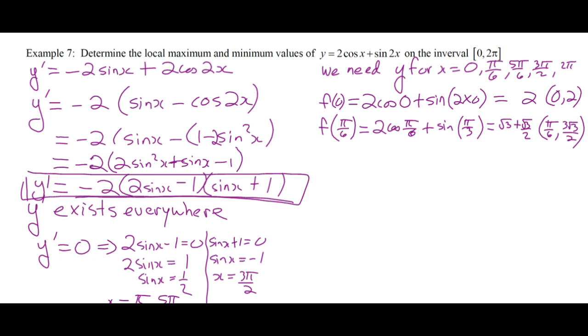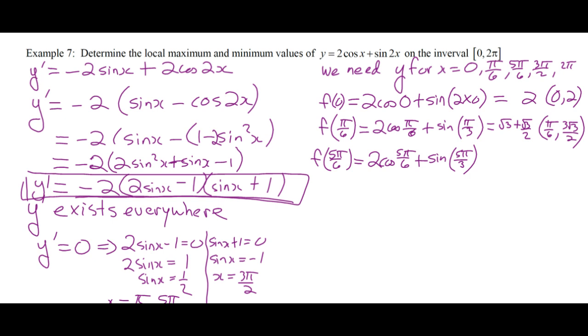And what's next? 5 pi over 6. 2 cos 5 pi over 6 plus the sine of 5 pi over 3. All I'm doing is multiplying the 5 pi over 6 by 2 when I stick it in there. 5 pi over 6, same as pi over 6, but it's negative, right?